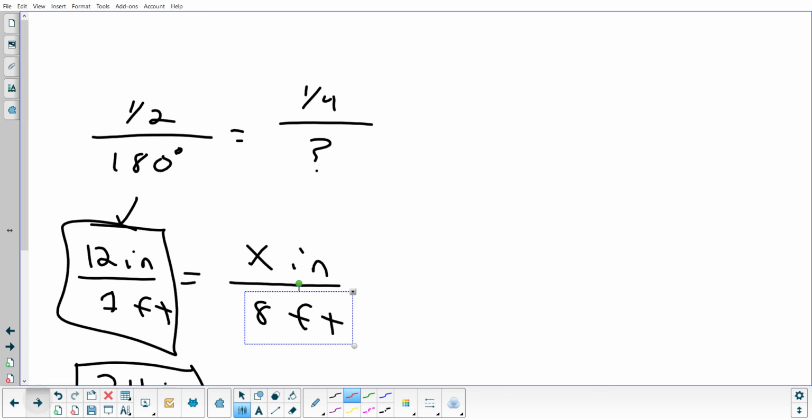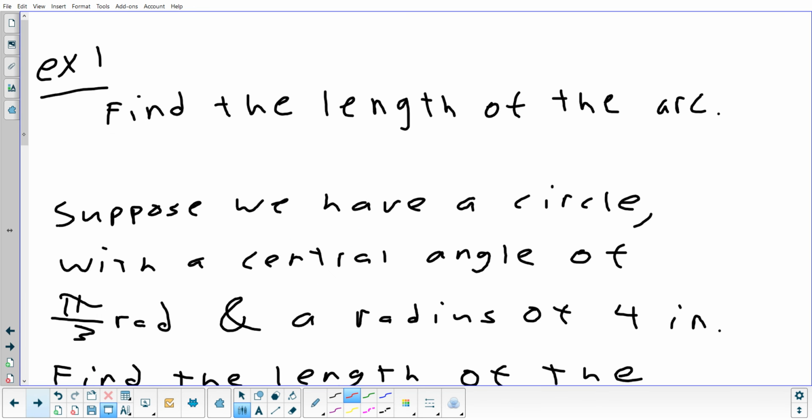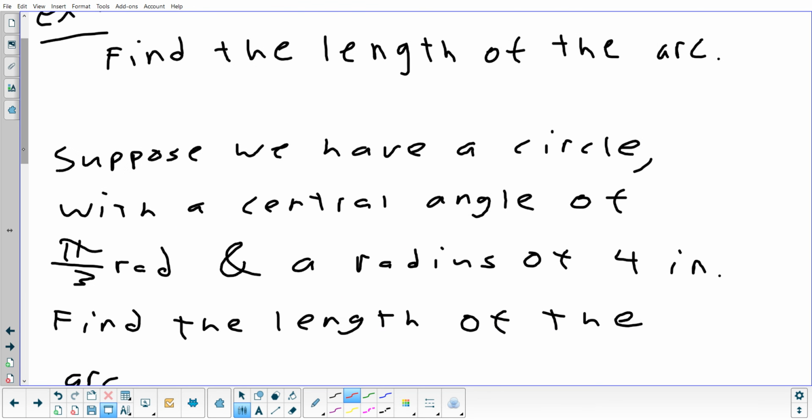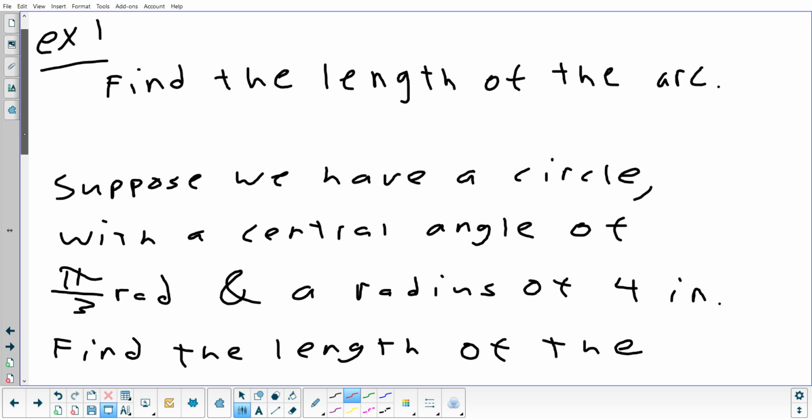All right, so one way you could get a question would be like this. You just write the whole thing out. So the directions here say find the length of the arc. And there's really only 2 things you need to know. You need to know the size of the angle, and you need to know the radius.